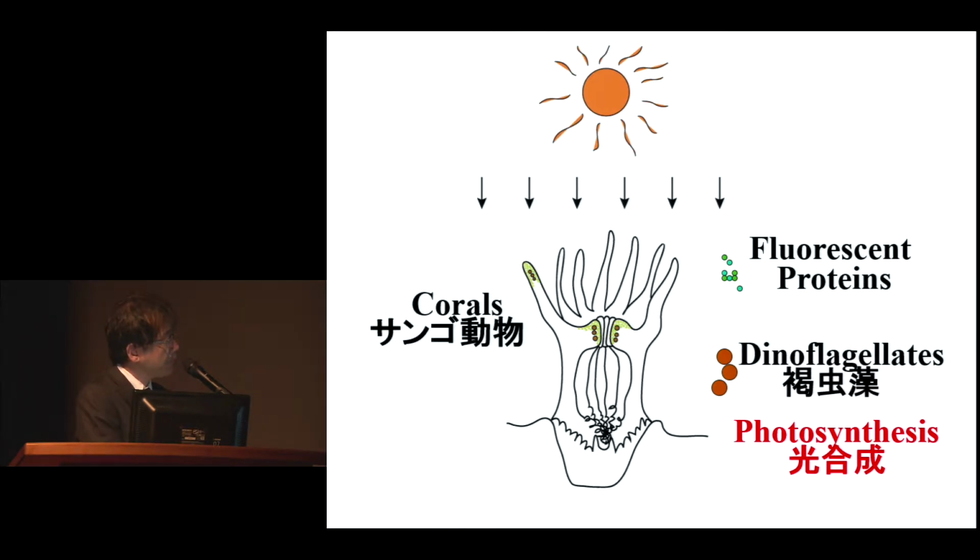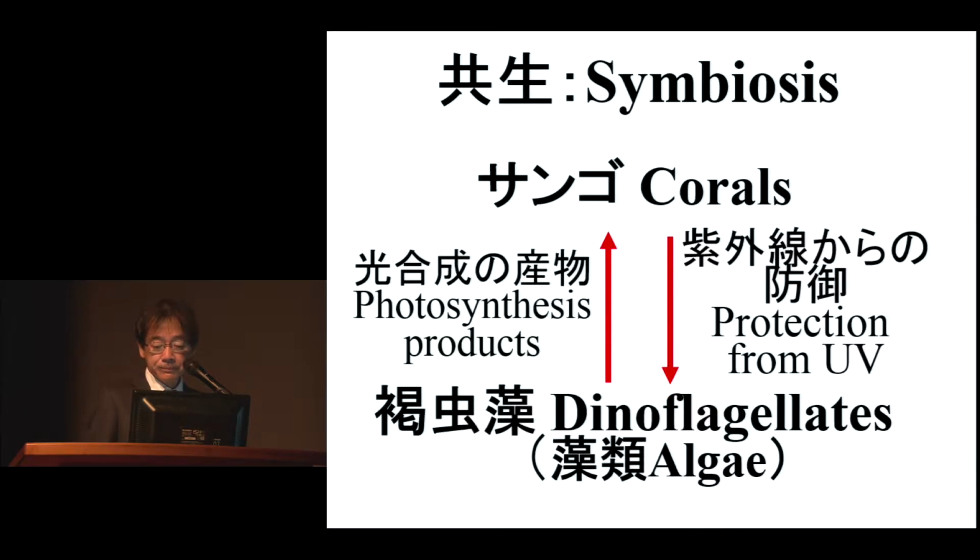Okay. So therefore, our corals produce fluorescent proteins and protect the dinoflagellate from UV, by using fluorescent proteins as sunscreen. Okay. And the corals and the algae, dinoflagellate, can benefit from each other. So this is symbiosis.